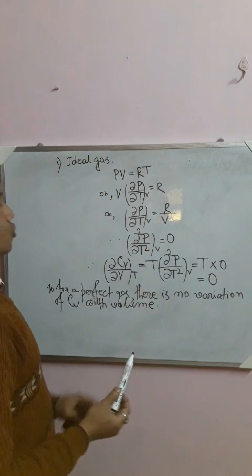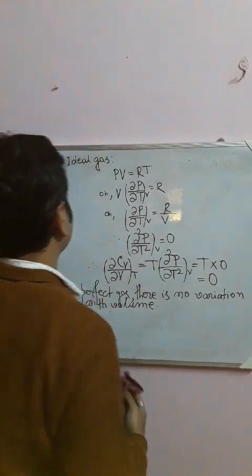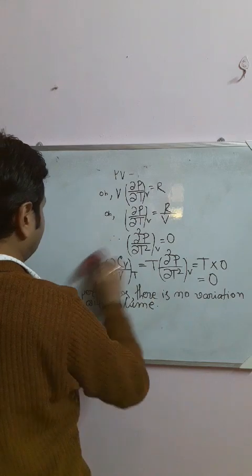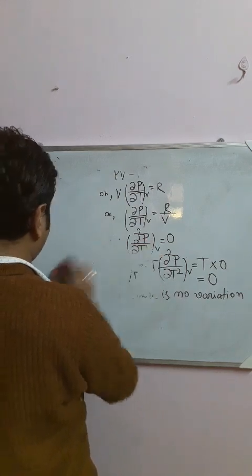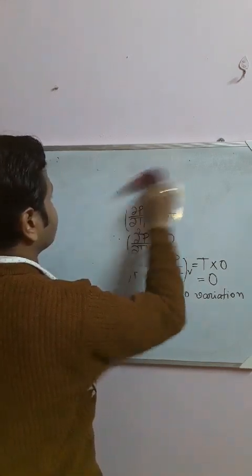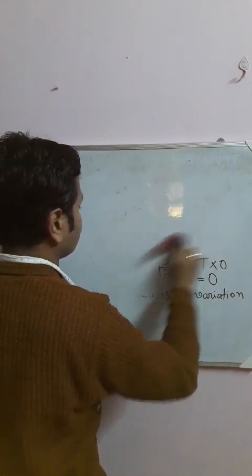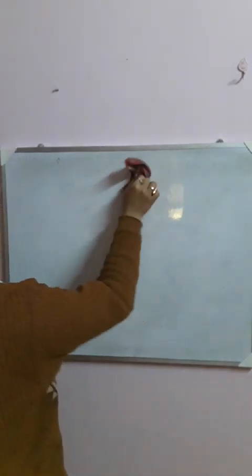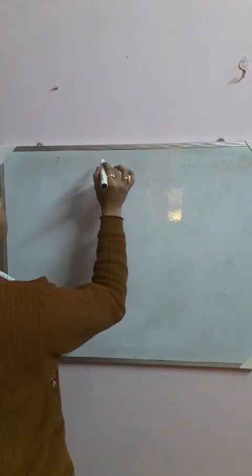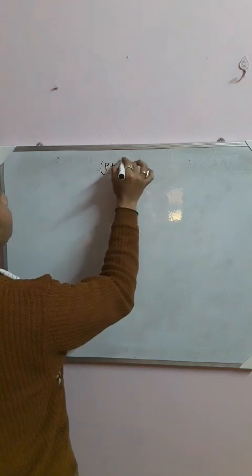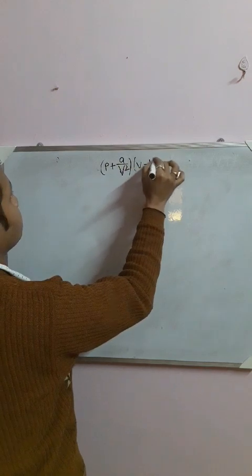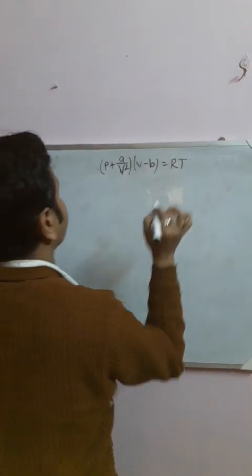Okay. So let us check what happens in the case of a real gas, or you can say a van der Waals gas. Now for 1 mole of van der Waals gas, we can easily write (P plus A by V square) into (V minus B) equals RT.